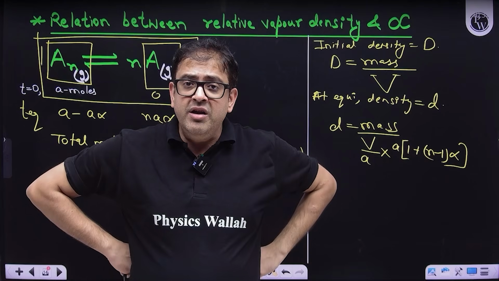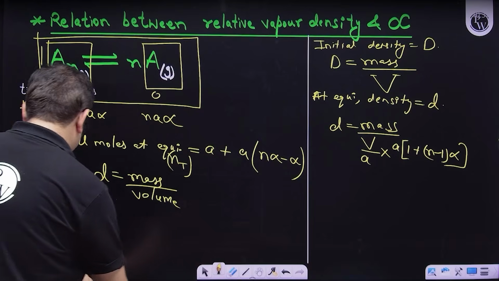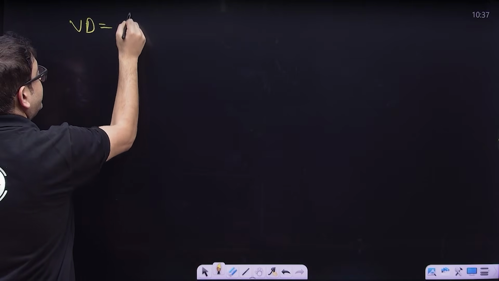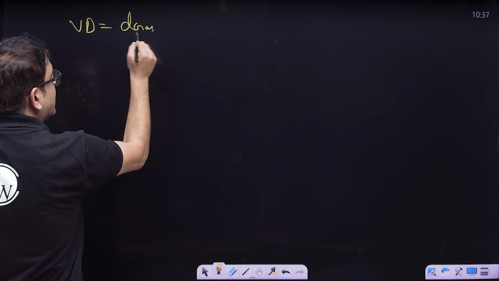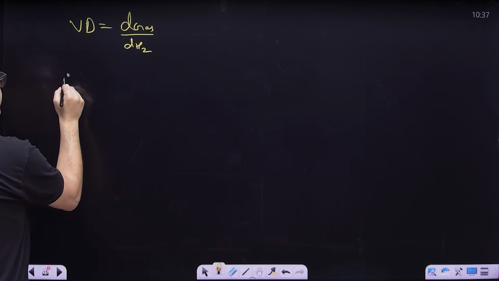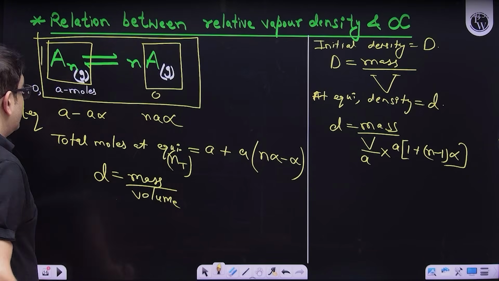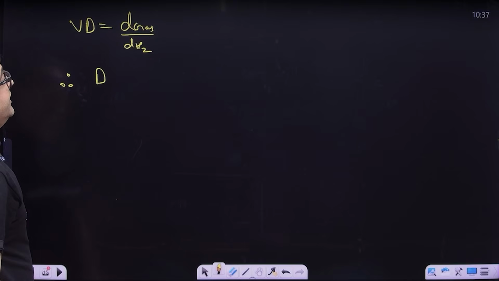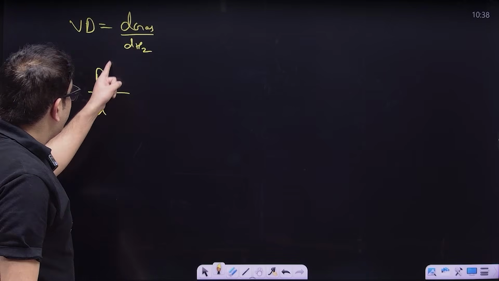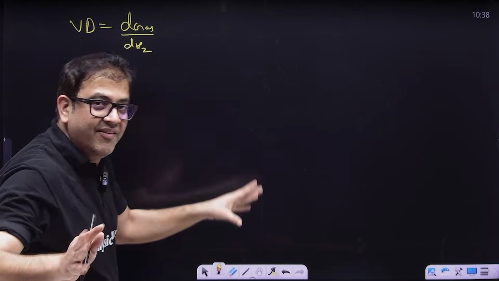You are deriving a relationship with vapor density. What is vapor density? Vapor density is the density of any gas upon the density of hydrogen. Right? Therefore, if I write capital D upon small d as a ratio, the density of hydrogen will anyway get cancelled.